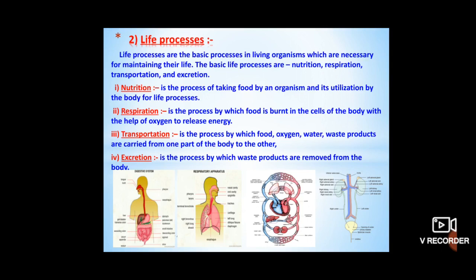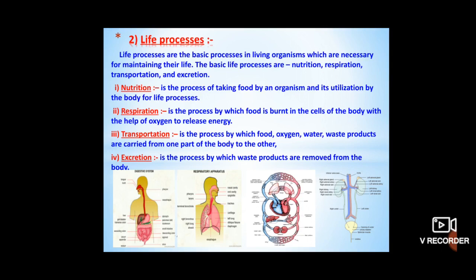Life process is a basic process that is involved in or takes place in each and every living organism, and which is necessary for maintaining their life. This is what we call a life process. So life processes are the basic processes in each and every living organism, which are necessary for maintaining their life.